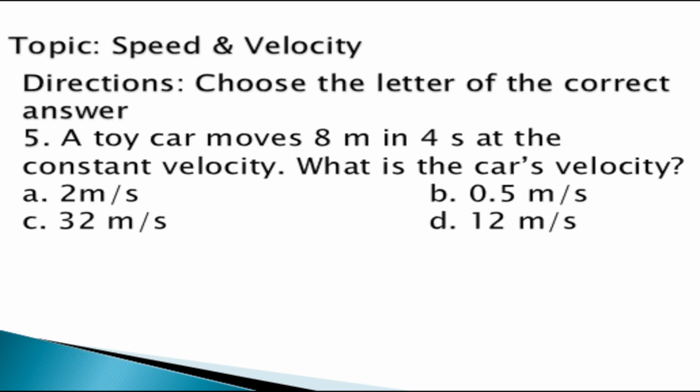Question number 5. A toy car moves 8 meters in 4 seconds at a constant velocity. What is the car's velocity? A, 2 meters per second. B, 0.5 meter per second. Letter C, 32 meters per second. And letter D, 12 meters per second.